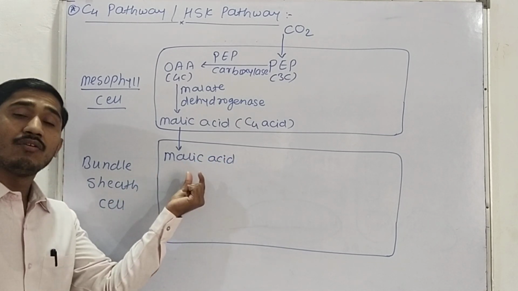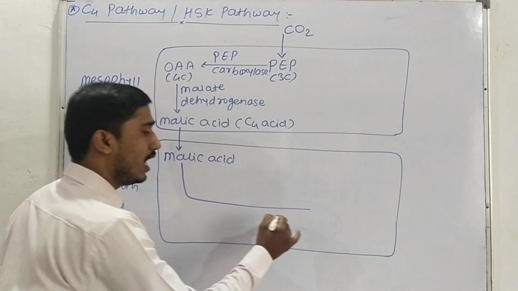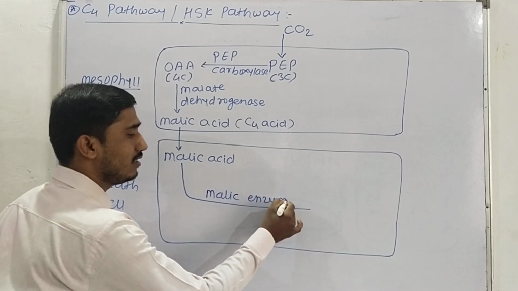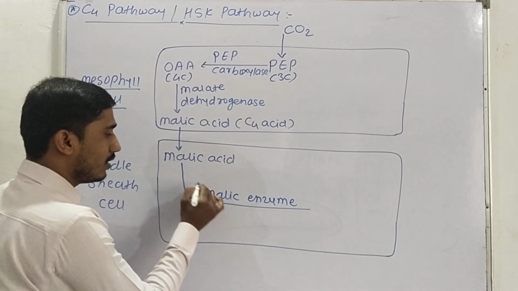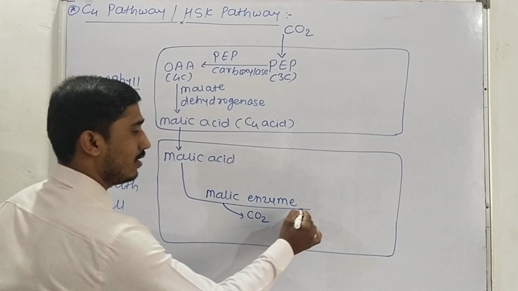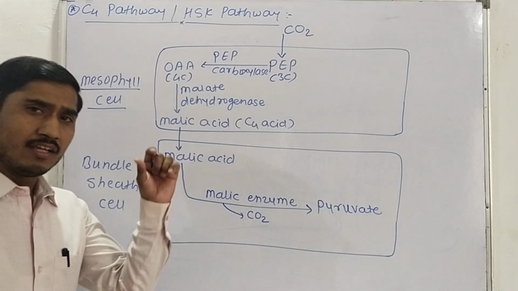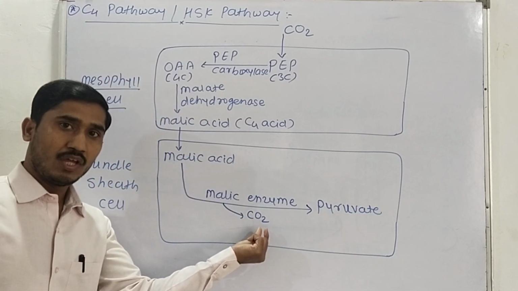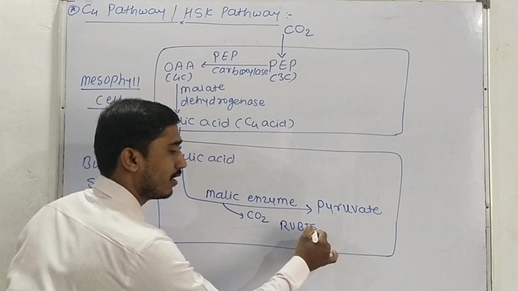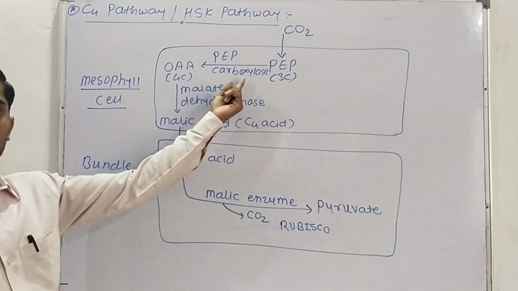So what happens with malic acid in the bundle sheath cell? This malic acid undergoes decarboxylation in the presence of the malic enzyme, and pyruvate or pyruvic acid is produced. The CO2 which is released in the bundle sheath cell activates the Rubisco enzyme, because the bundle sheath cell has Rubisco enzyme and the mesophyll cell has PEP carboxylase enzyme.